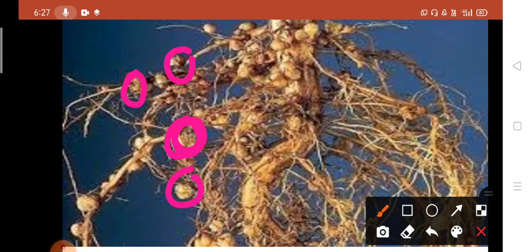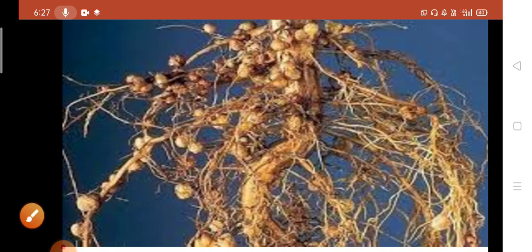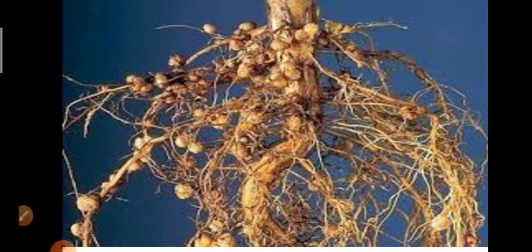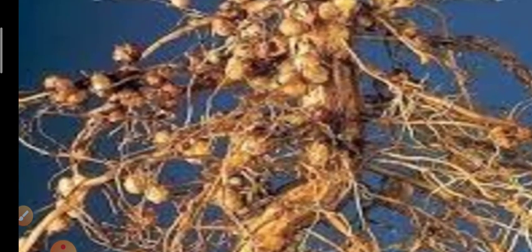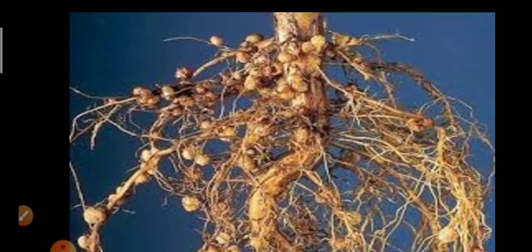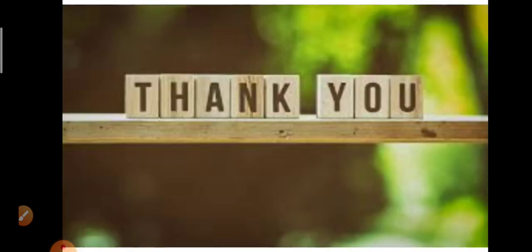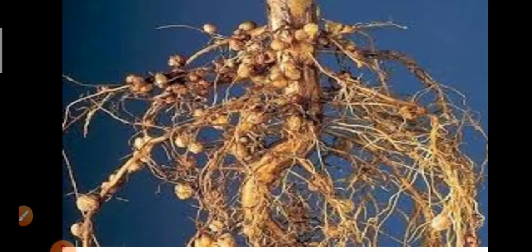In turn, the legumes also acquire their food and shelter from the roots. So this is the example of symbiotic nutrition or mutualism. Understood? These are the legumes. This is the rhizobium. Understood, students?